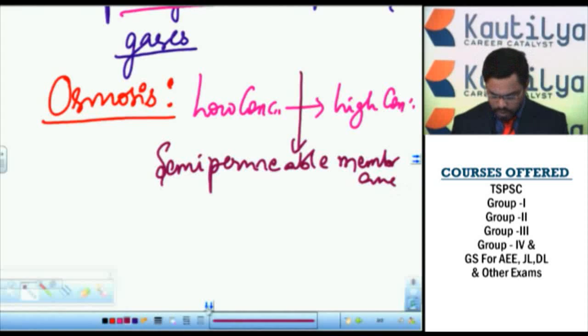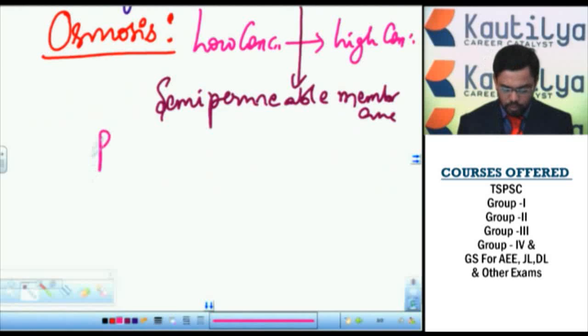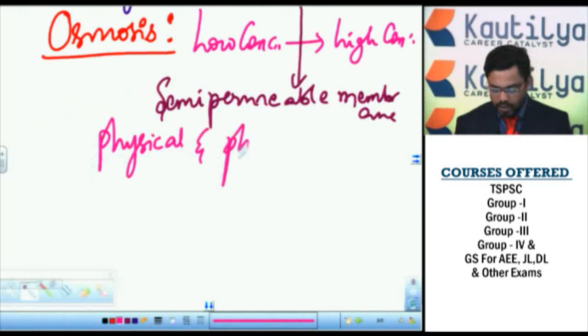Or you can also say the movement of substances from higher water content to lower water content. So the movement of high water to low water through a semi-permeable membrane is called osmosis. This osmosis process is both a physical as well as a physiological process.